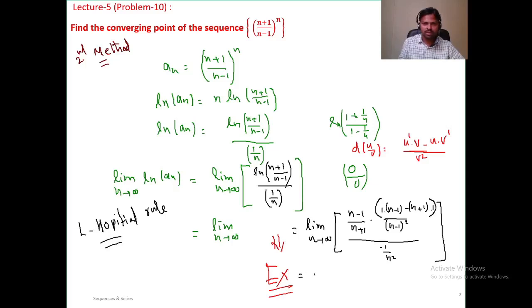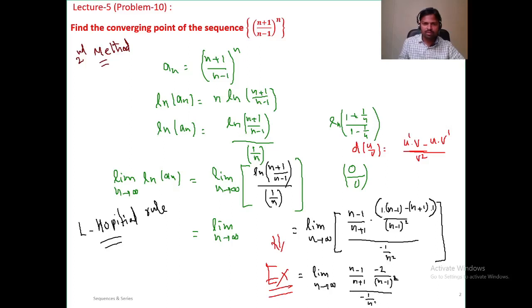Limit n tends to infinity, n minus 1 upon n plus 1, and here what will remain is n cancels out, so minus 2 upon n minus 1 whole square, and denominator minus 1 upon n square.